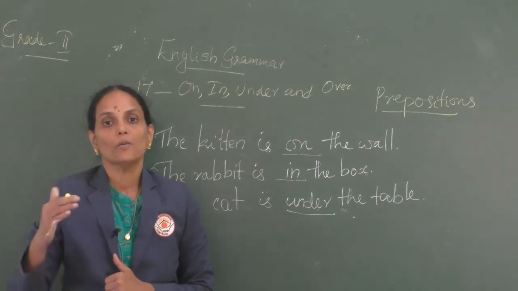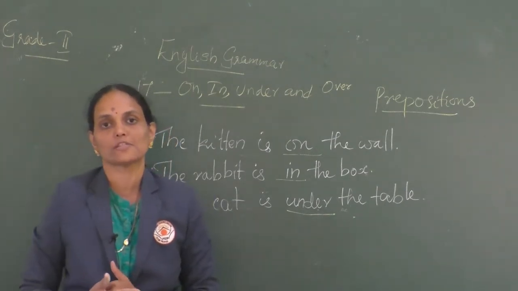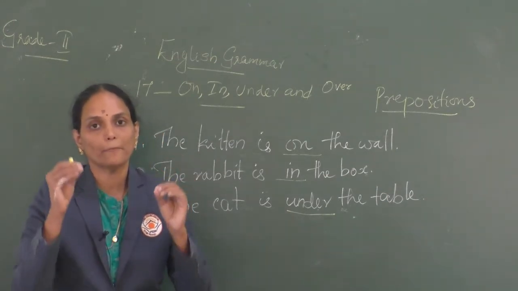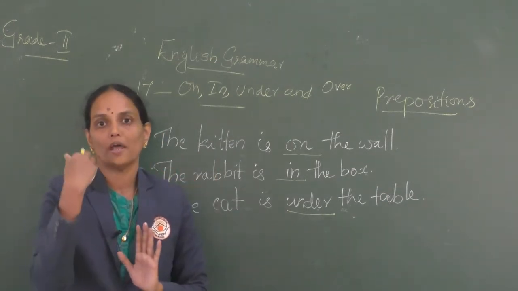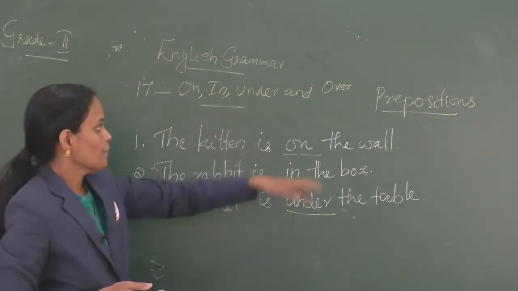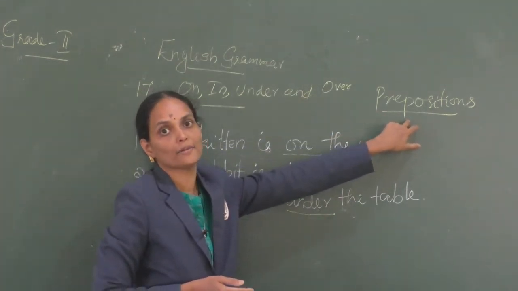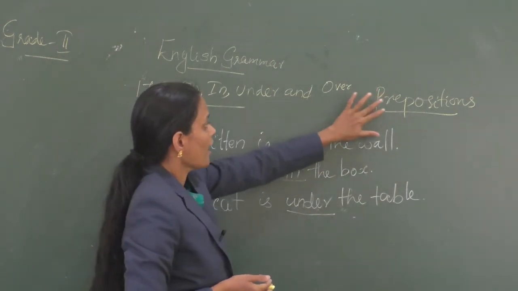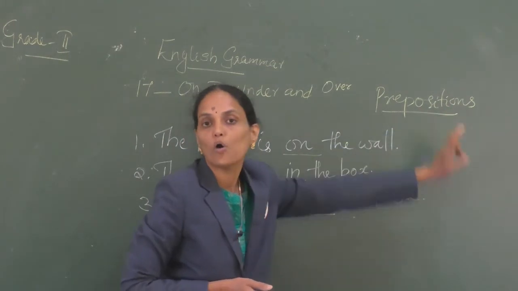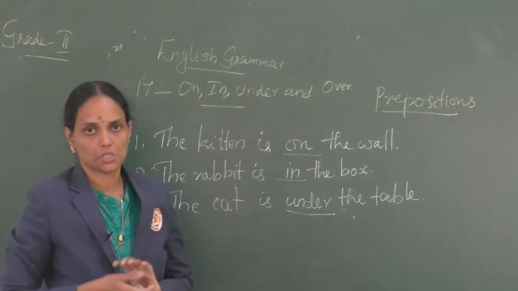See, we have more than 100 prepositions in the English language. They indicate the position or the place of an object or an animal or a person. Right? Just look at the spelling of the word prepositions. P-R-E-P-O-S-I-T-I-O-N-S. Prepositions.